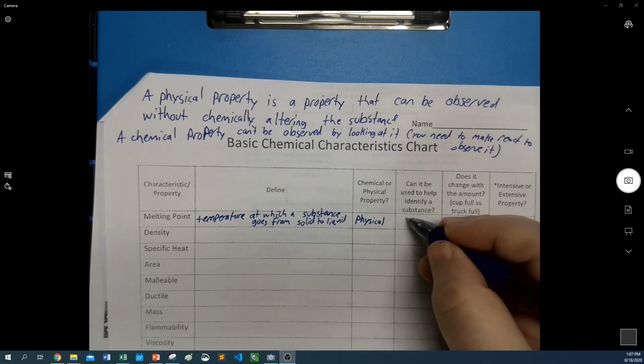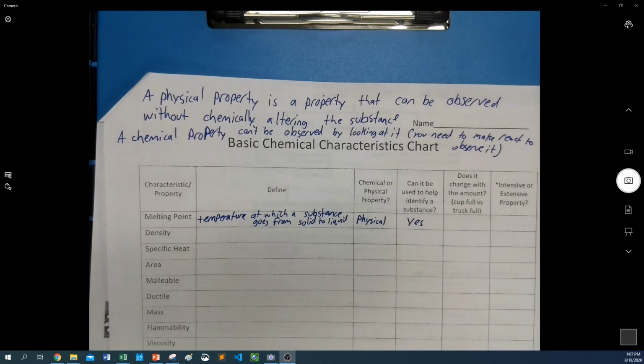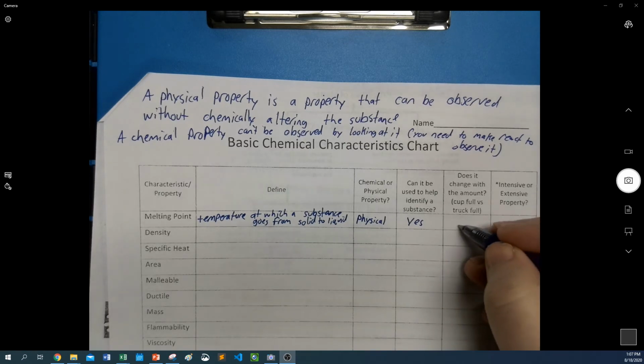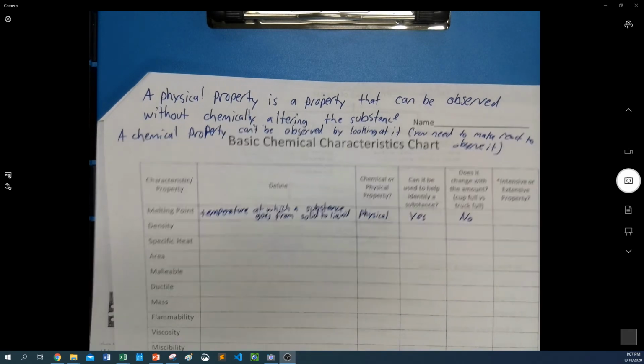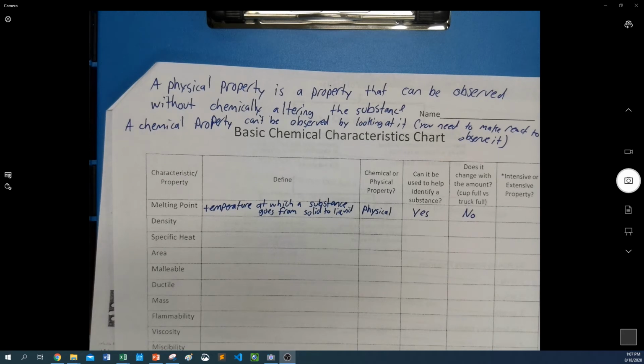So yes, you can use melting point to identify. Does it change with the amount? Does a gallon of water freeze differently than a bottle of water? No. We'll do extensive and intensive later.